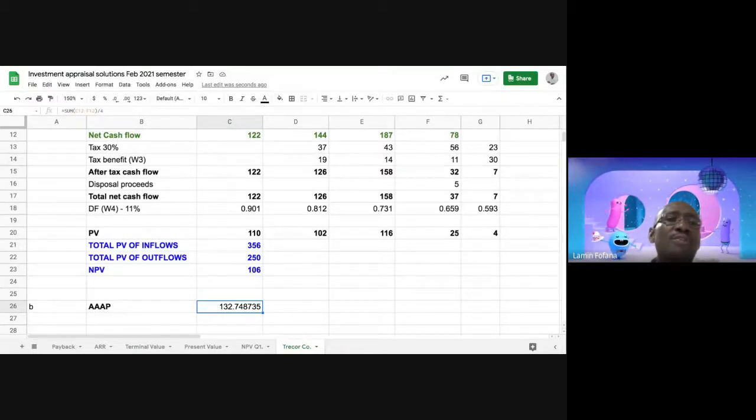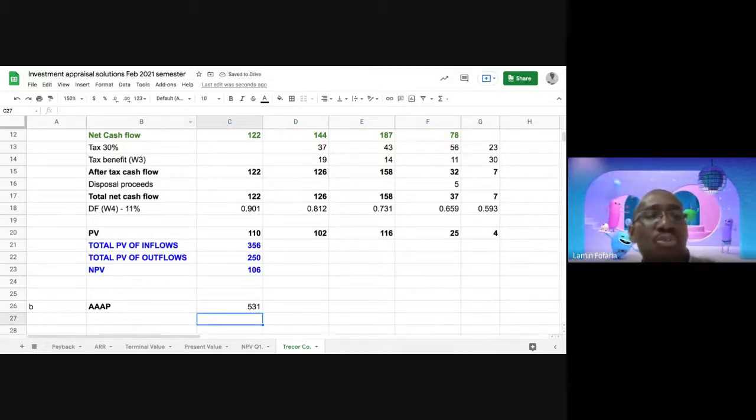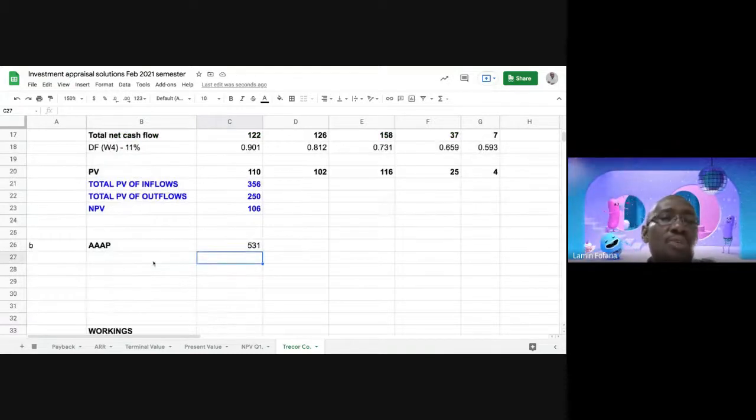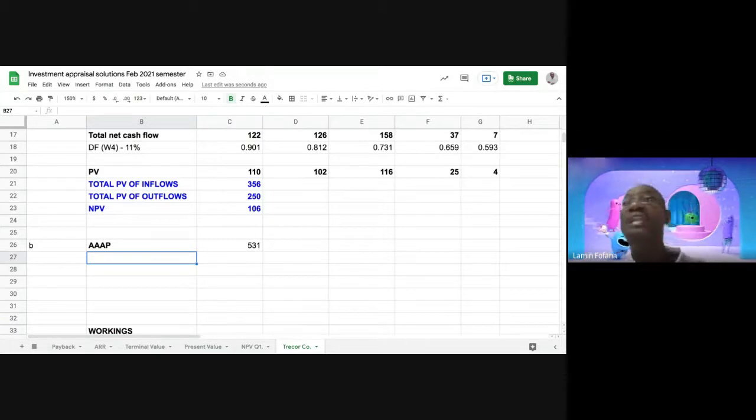Okay, but before we do that, let's add all of them, because at the moment, what are they? They are cash flows. For us to calculate the accounting rate of return, we need accounting profit. So we less depreciation from it.